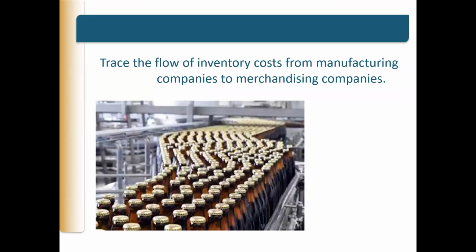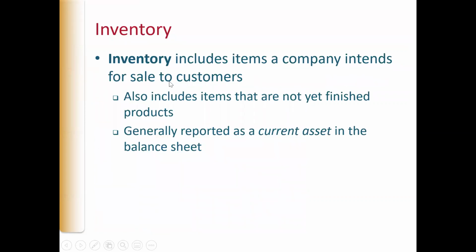Inventory is the asset that is manufactured or is purchased, and the purpose of inventory is to sell it to customers. So we're going to talk about various types of inventory and cost of goods sold.